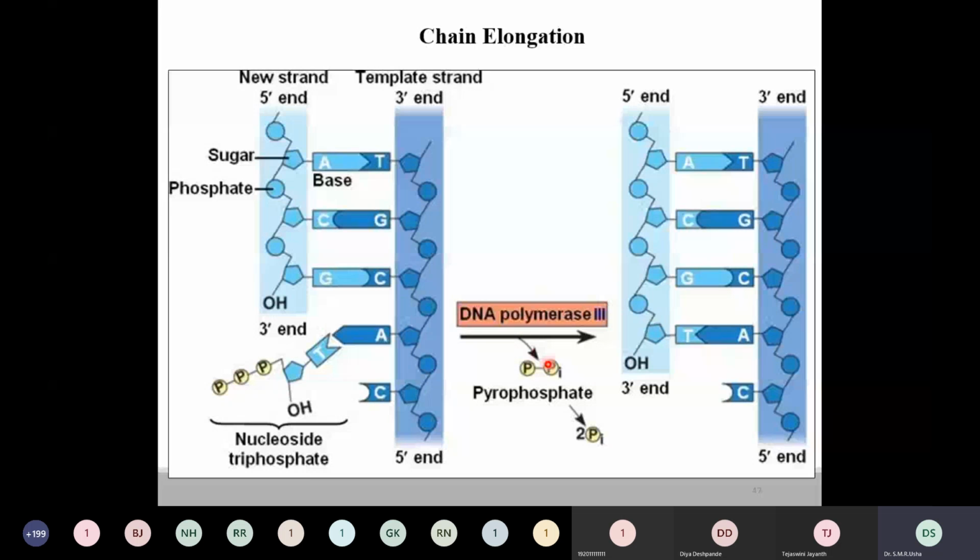See, pyrophosphate is removed and a 3',5'-phosphodiester bond is formed. So this is the 3',5'-phosphodiester bond. This G and T are connected by a 3',5'-phosphodiester bond, and this has a 3-hydroxyl end. So you can see the chain is growing like this, 5' to 3'.